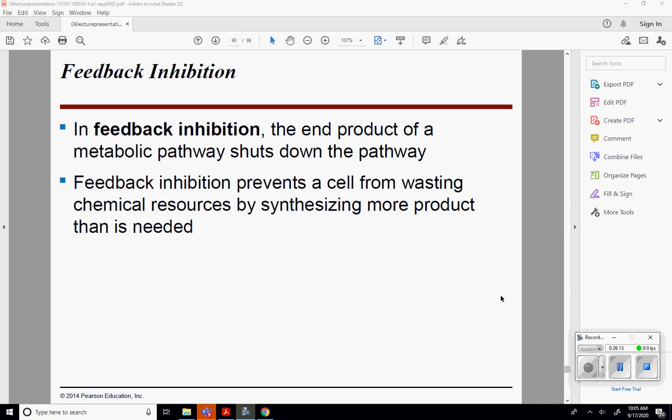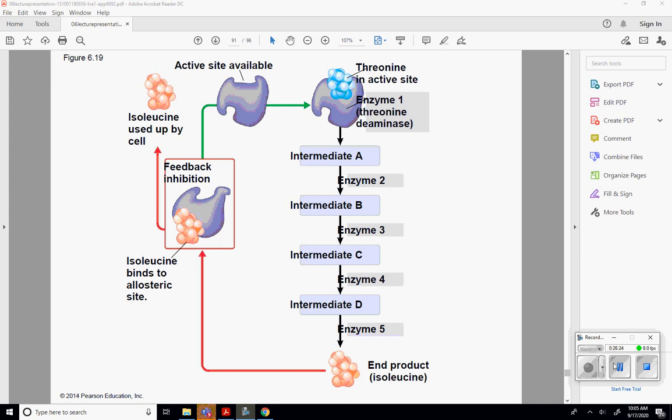So later on, we'll talk about how the genetic code, how is all of that regulated? So you can see here some kind of regulation. You've got an active site. The substrate falls into that active site, creating this enzyme substrate here.